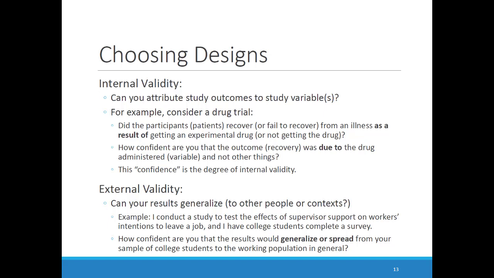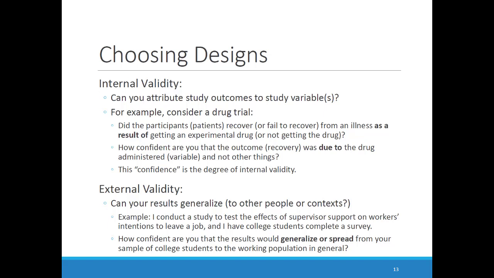External validity is referring to whether or not our results can generalize to other people or contexts. So in this case, for external validity, we're thinking about the sample that we're using to study something. For example, I conduct a study to test the effectiveness of supervisor support on workers' intentions to leave a job, and I have college students complete a survey.